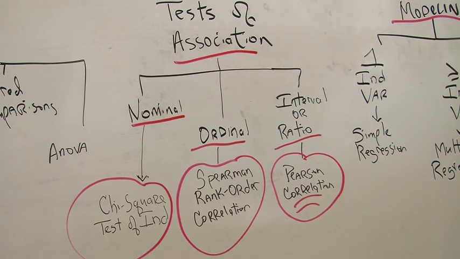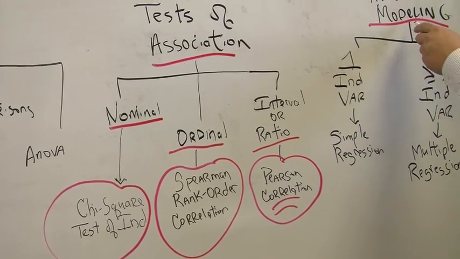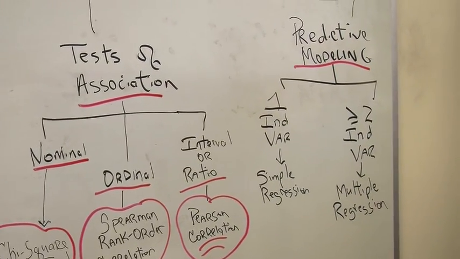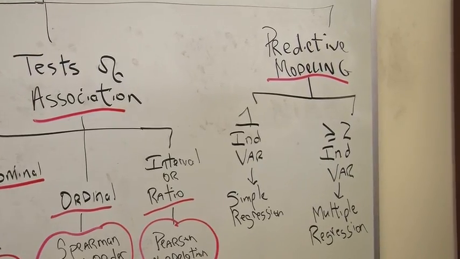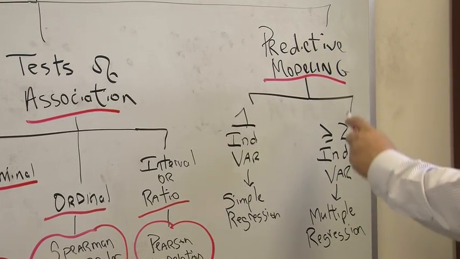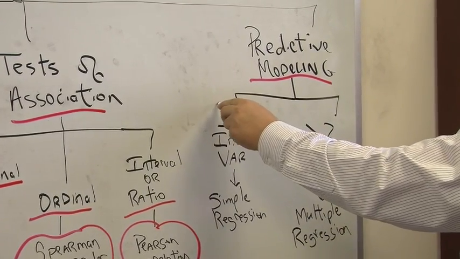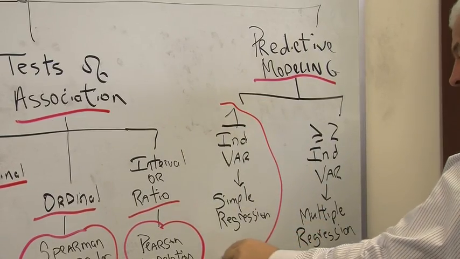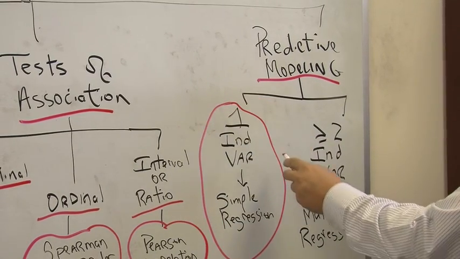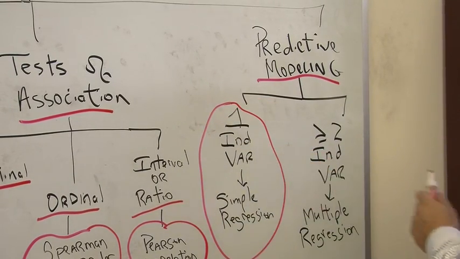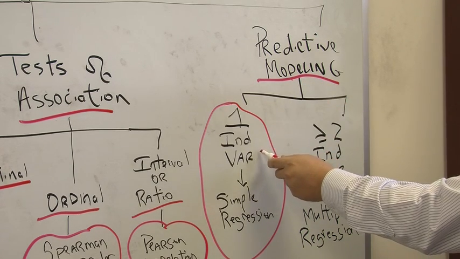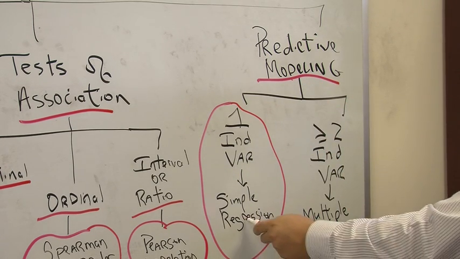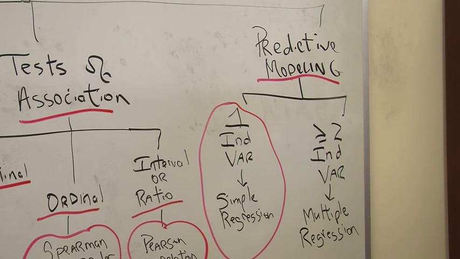Now, when it comes to predictive modeling, that's the third category of inferential statistics that we'll learn in MS-264. In chapter 12, we deal with this where we have one independent variable. And when we do predictive modeling with one independent variable, that's called simple regression.